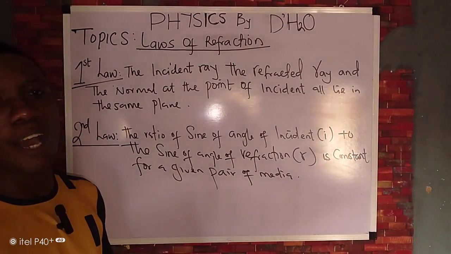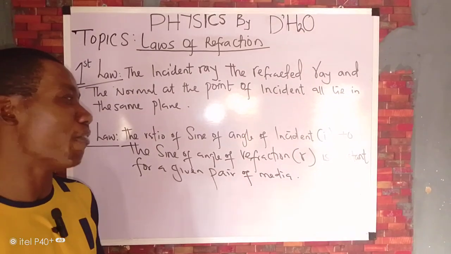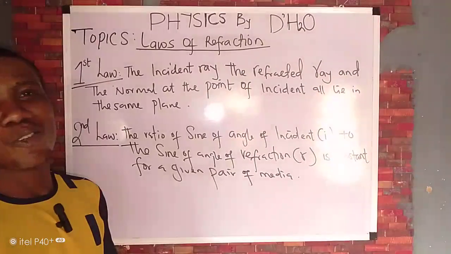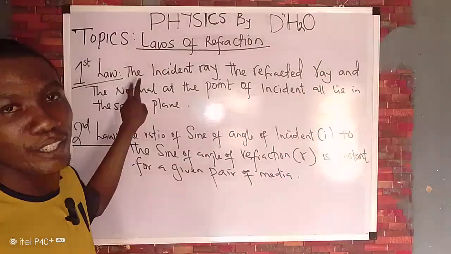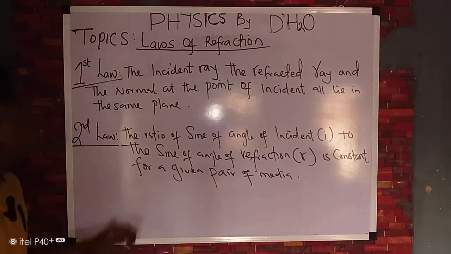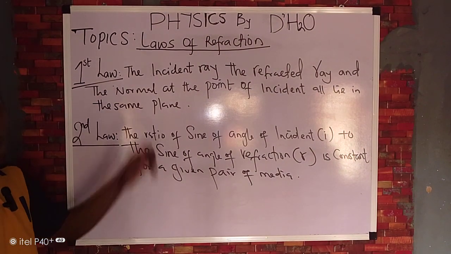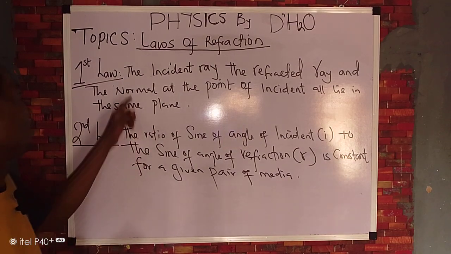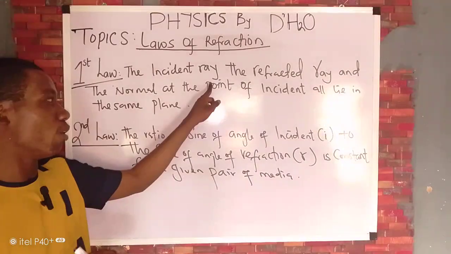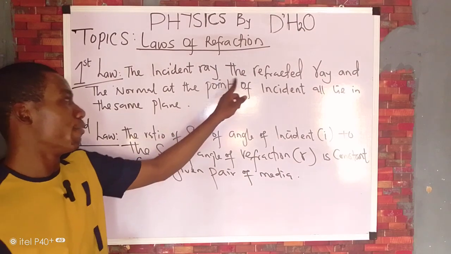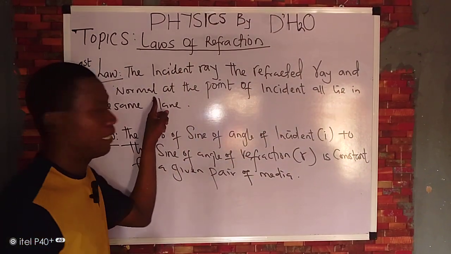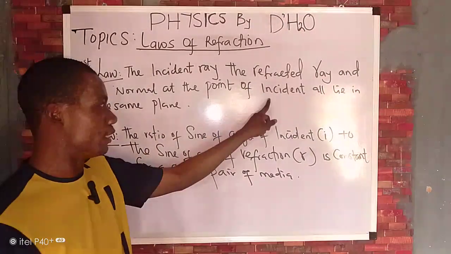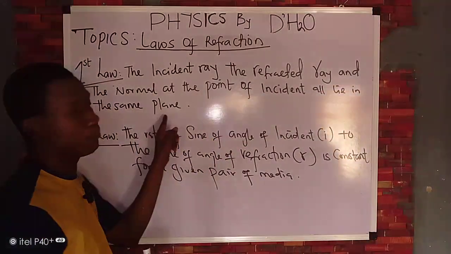Now, how many laws do we have for the refraction of wave? There are basically two laws, and as it is stated for you on the board, you see that the first law of refraction states that the incident ray, the refracted ray and the normal at the point of incident all lie in the same plane.